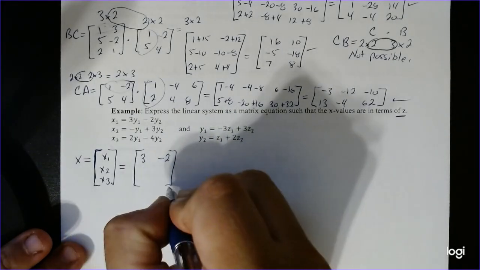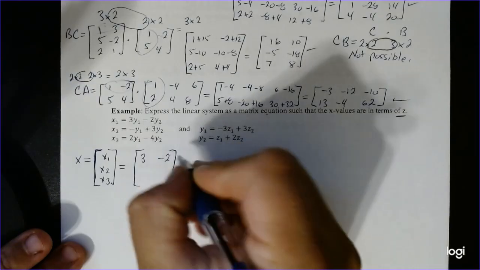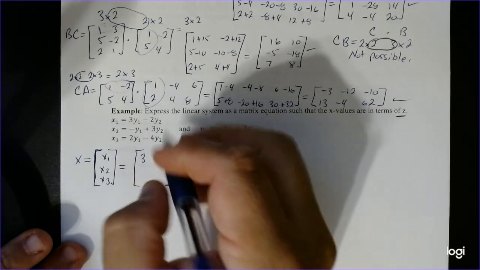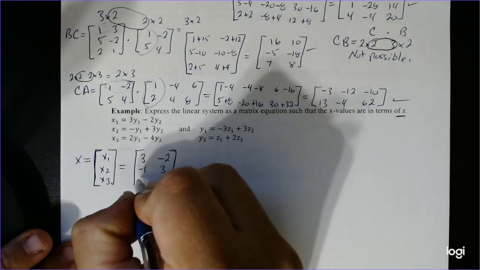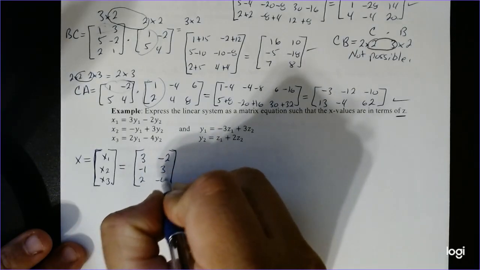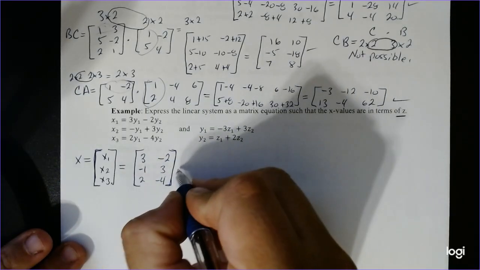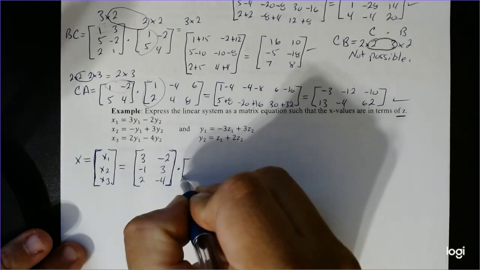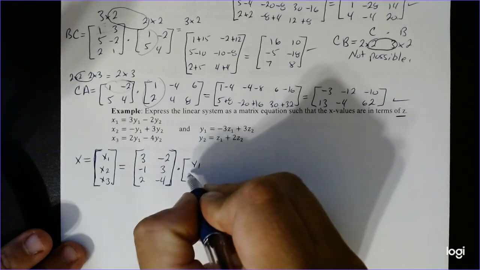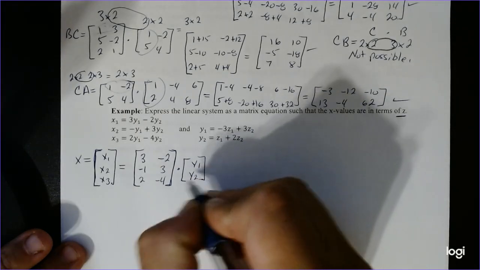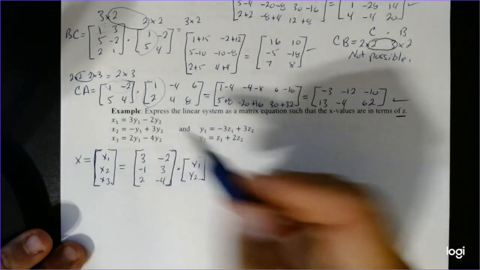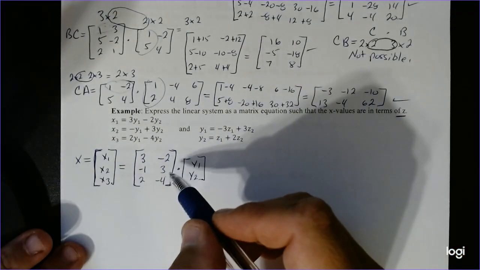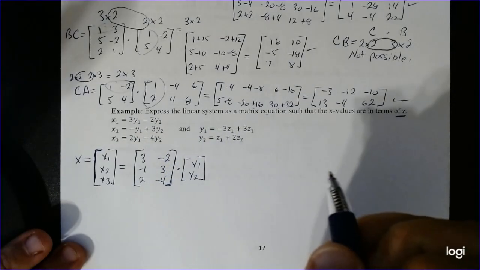So we'll just use its coefficient matrix. So this is going to be our coefficient matrix. So negative 1, 3, and then 2, negative 4, right? Now, I'm going to multiply by this other matrix here. Because when I do that, I get exactly this back. Okay? So that's how we express matrices when it comes to a system of equations.